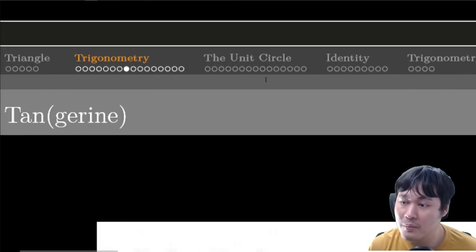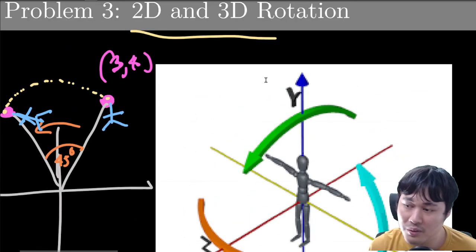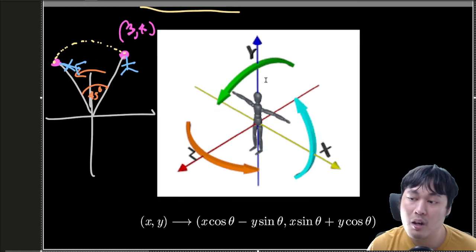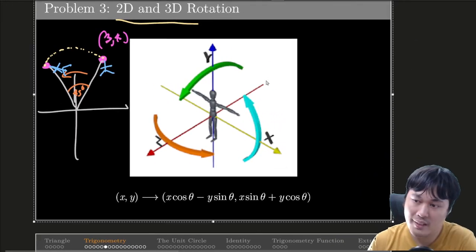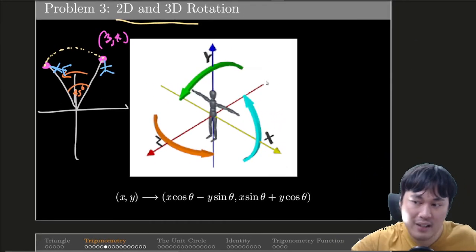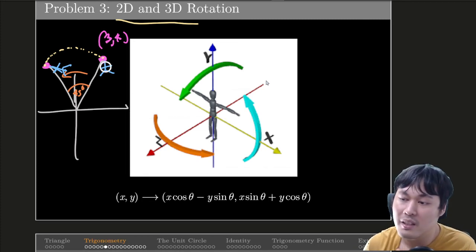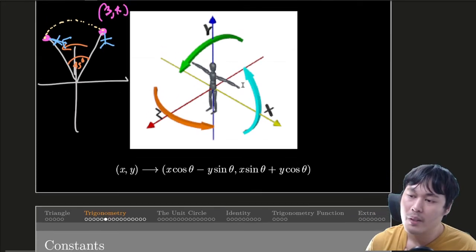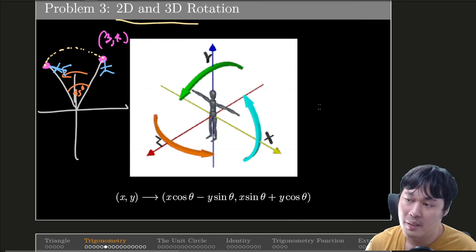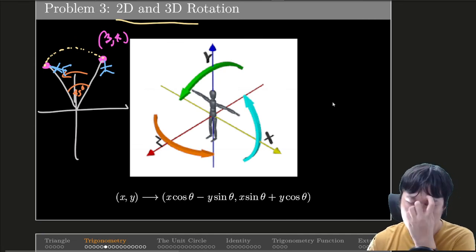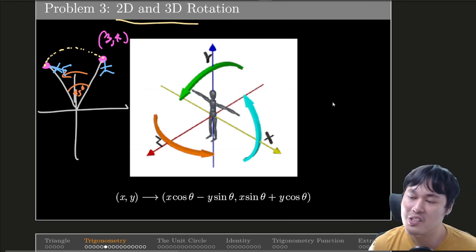But the thing is, you also need to do it for all the points, not just the head, or not just the leg, or not just the body. So to apply the same rotation to all the points, you better have a formula.